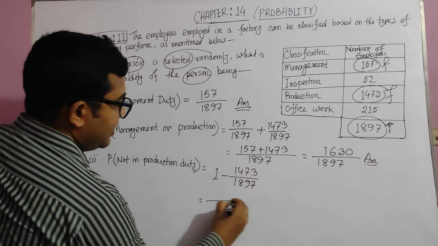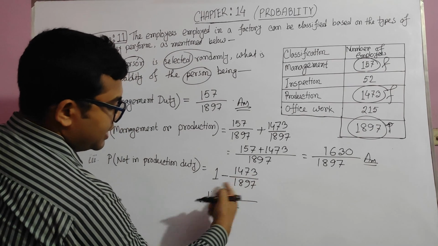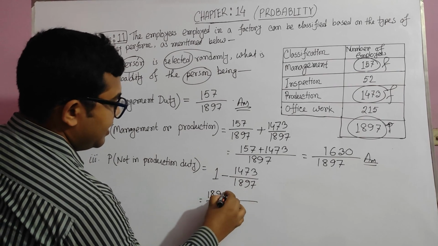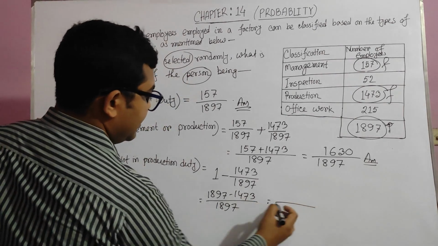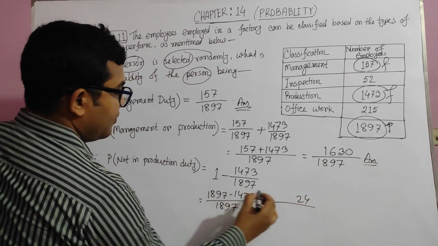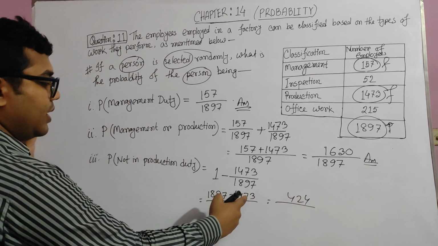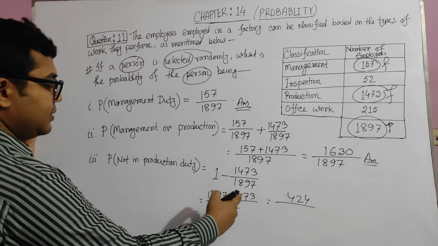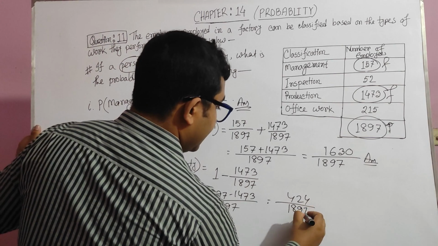Taking the LCM, it is 1897 minus 1473, which is 424, divided by 1897.